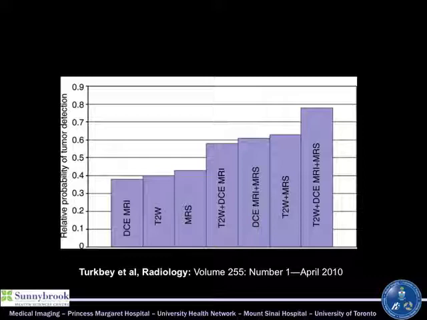What you see is as we add more of these parameters to the assessment, this multi-parametric approach, with the far right being T2 combined with a contrast-enhanced scan combined with spectroscopy, we achieve sensitivities in the 80% range. So this is where we want to be for this diagnostic test, around 80% for tumors.